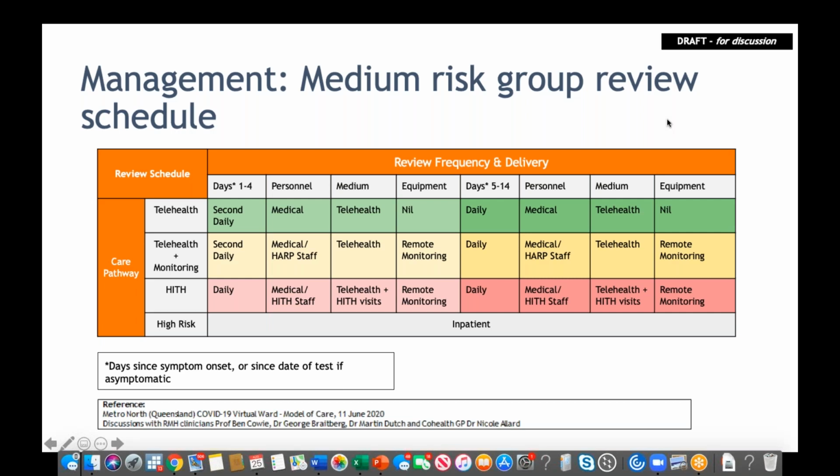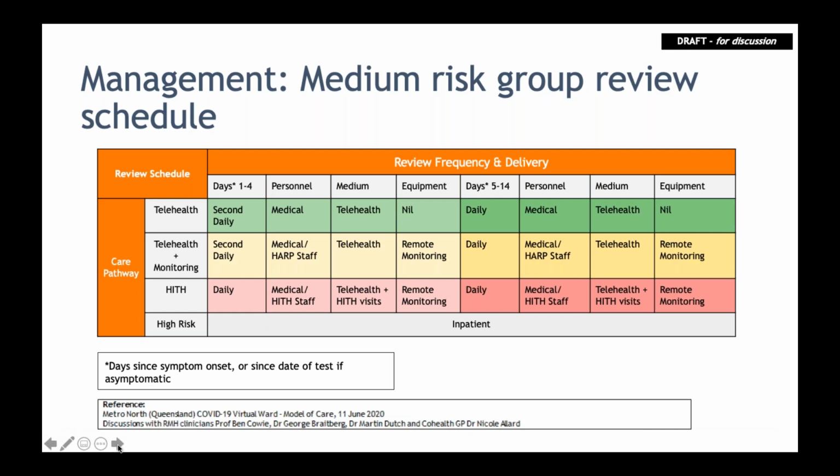And going down through the streams, at the other end of the intensity is an outpatient telehealth model, which goes from second daily up to daily reviews, with backup from medical staff, and calls also being done by nursing staff. And just go on to the next slide, Nicole.